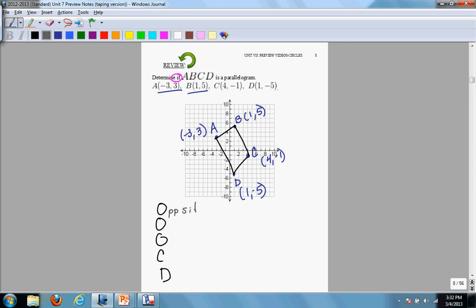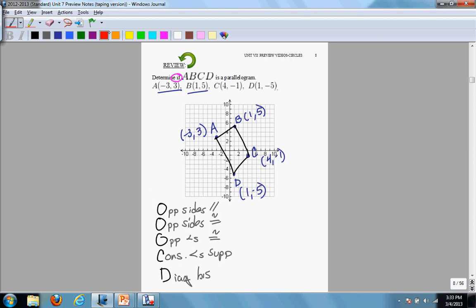Opposite sides parallel, opposite sides congruent, opposite angles congruent, consecutive angles supplementary, diagonals bisect.